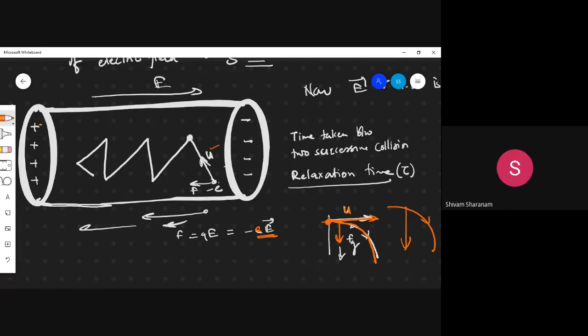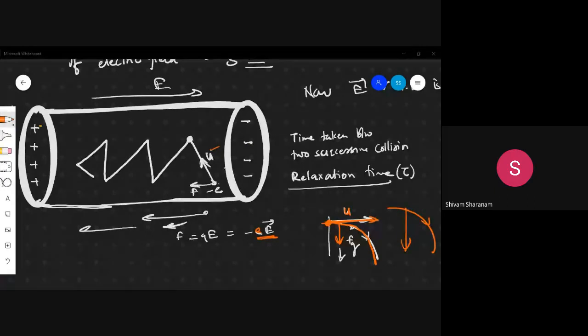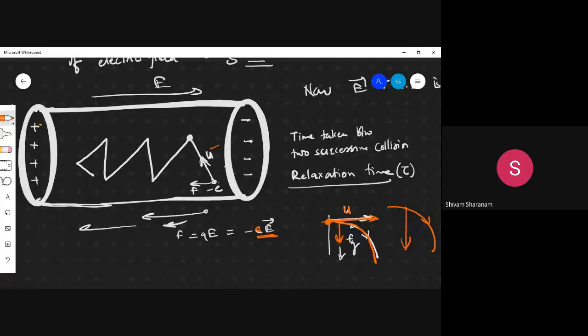Parabolic. So here it will also be parabolic, because it has initial velocity in that direction, but at the same time you have applied force in this direction. So this path will not be like this in the electric field; it will have initial velocity in that direction, but it will also have velocity in this direction, because force is applied. So there will be acceleration. Acceleration means in this direction the velocity will increase, so it is drifted from its position.